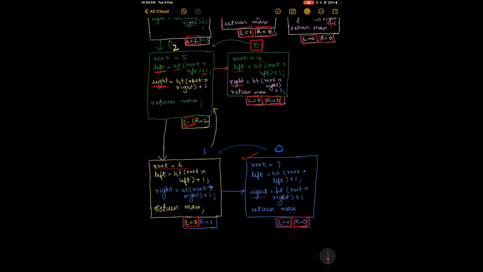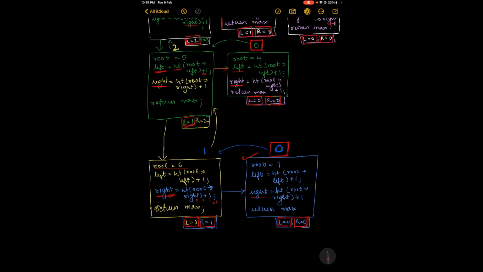This is also justified. And finally, we'll have to return maximum of 0, 0. So I have written this on top. That is, this is the number which will be returned. Blue arrow here signifies that this is for the right variable, because this is what this root equals 7 originated from. So 0 plus 1 is equal to 1.